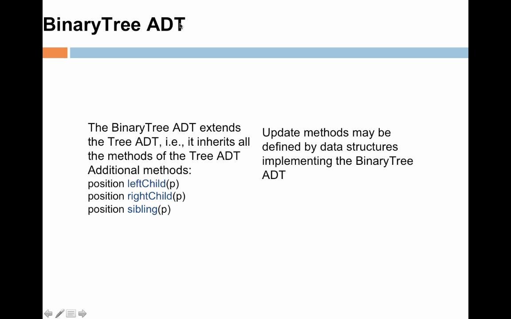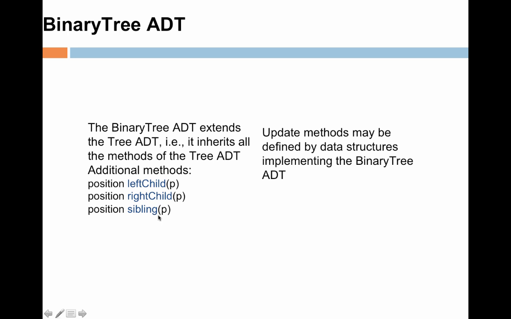Therefore, the binary tree abstract data type has all the methods and data items associated with the tree ADT, plus additional methods, one for the left child of P and one for the right child of P, and it is possible that exactly one of the 2 children is well defined or neither is well defined.